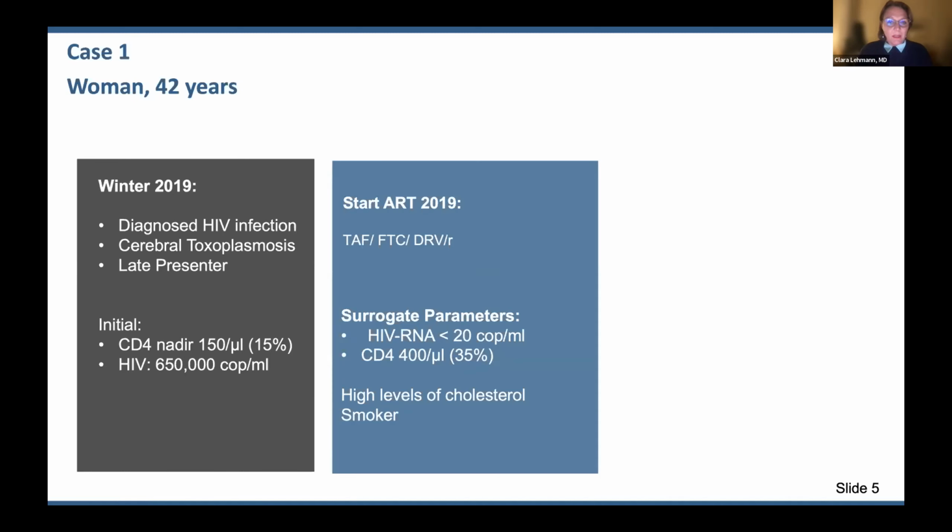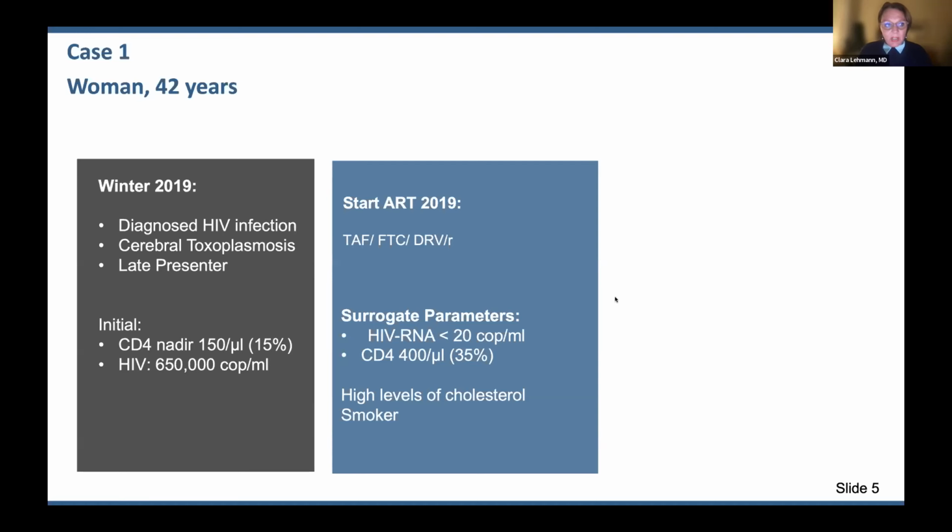Treatment was started a few weeks later, based on darunavir, and her HIV RNA dropped very quickly and is now still below 20 copies, and CD4 T cell counts increased up to 400. The problem is that she has high levels of cholesterol and is also a smoker.